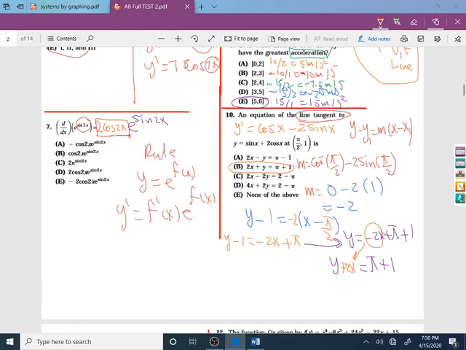If you want me to, I'm going to explain it now for number 10. This is y equals sine x plus 2 cosine x. Okay, I'm going to explain it one more time on my board.